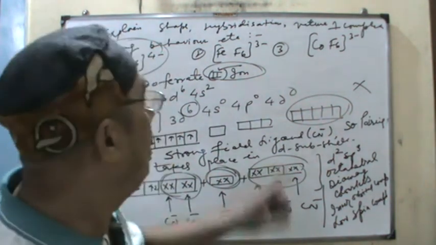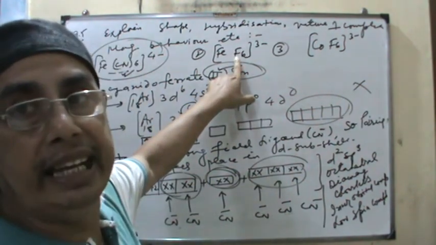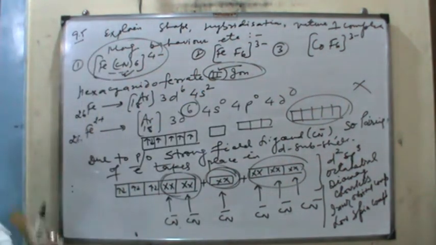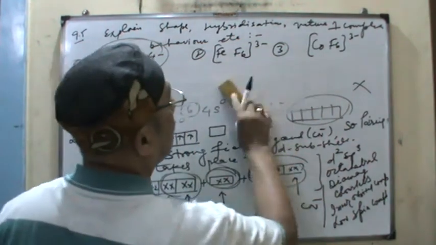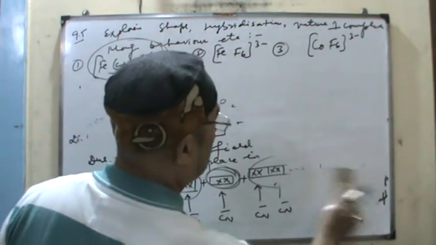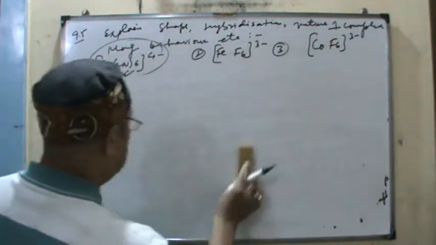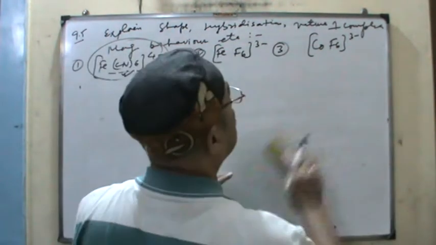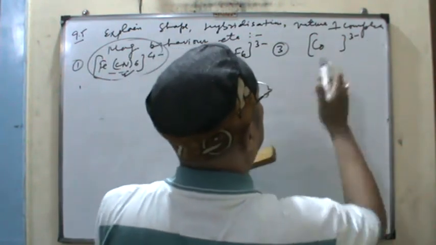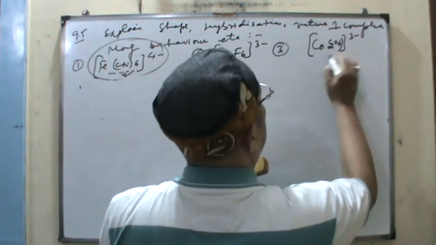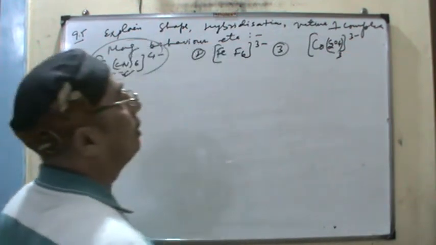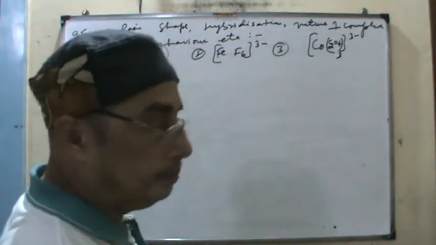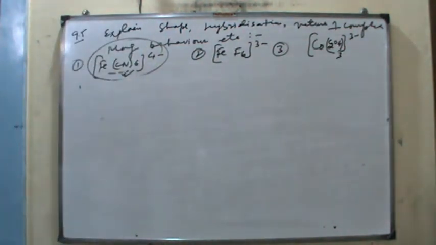So last question, I take the case of weak field ligand like fluoride. So just go for it, and then next you will have to solve it like this. So here you change this question to C2O4 whole thrice, C2O4 whole thrice, C2O4 whole thrice, and then FeF6, 3 negative.